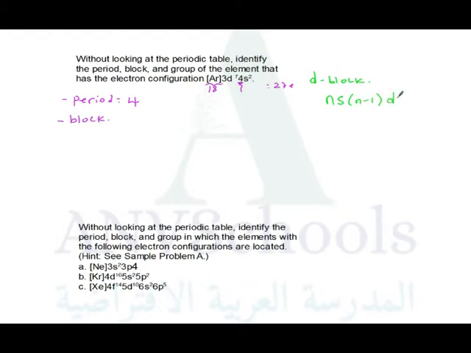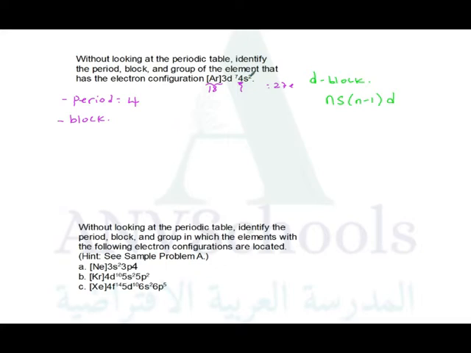It should be with this pattern. No problem if we are arranging according to the shell, not energy. Actually, the 4s electron has less energy than the 3d, but according to shell, the third shell is inside and the fourth shell is outside. So we can put this one here, no problem.